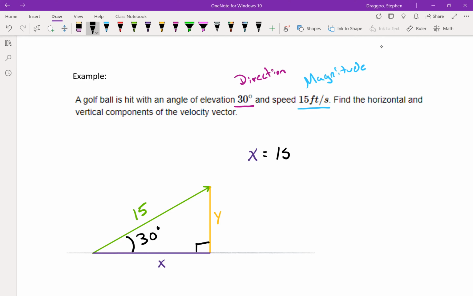So 15 times the cosine of 30 degrees. And if you recall back to trigonometry, the cosine of 30 degrees is the square root of 3 over 2. So this is 15 root 3 over 2.